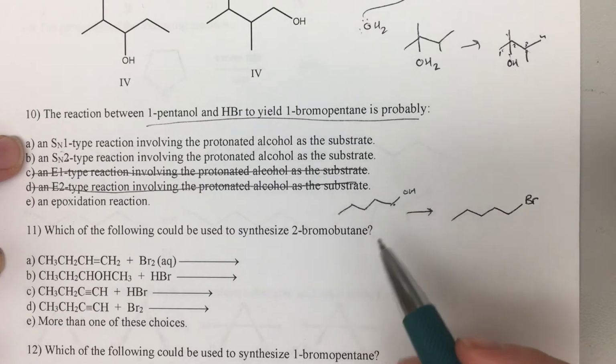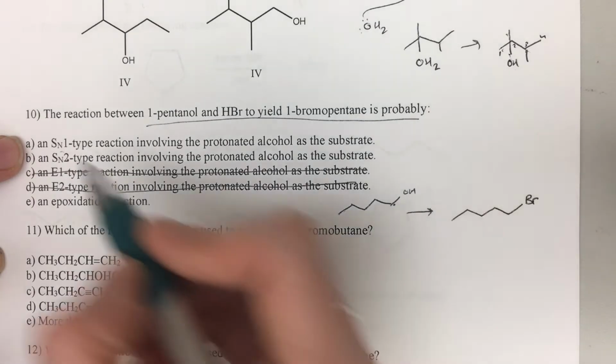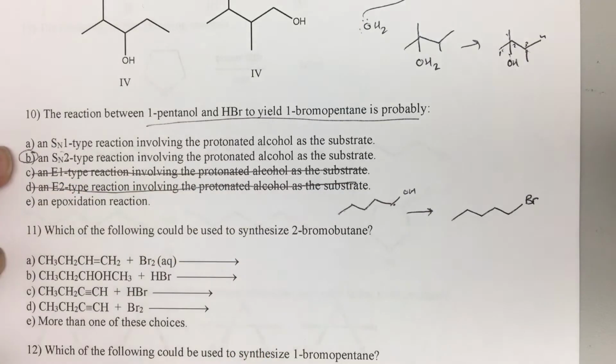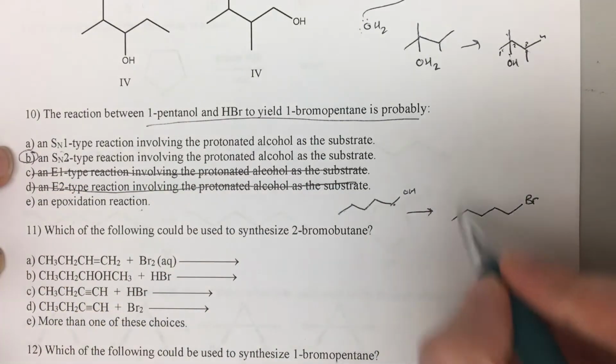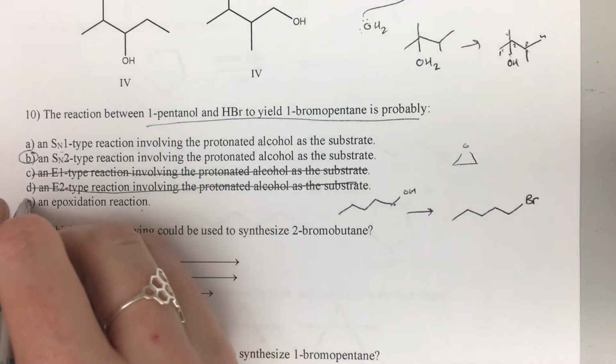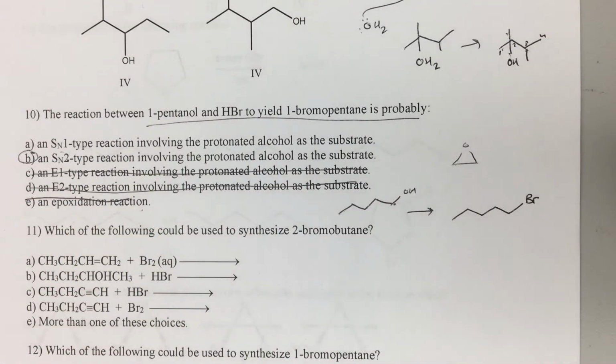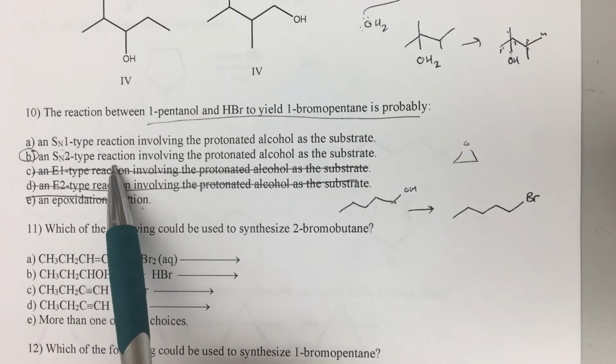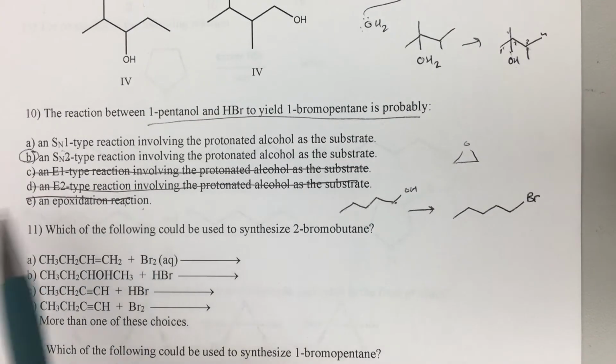Those are just very unstable, basically non-existent. So an SN2 would be much more favored. An epoxidation reaction, epoxidation looks like that's an epoxide. We don't have anything close to that, so that's definitely wrong. So even if you're not sure, if you can't remember if it's SN1 or SN2, based on the stuff you do know, you can eliminate it down to 2 answer choices, and then you have a 50-50 shot of getting it right. So that's awesome.